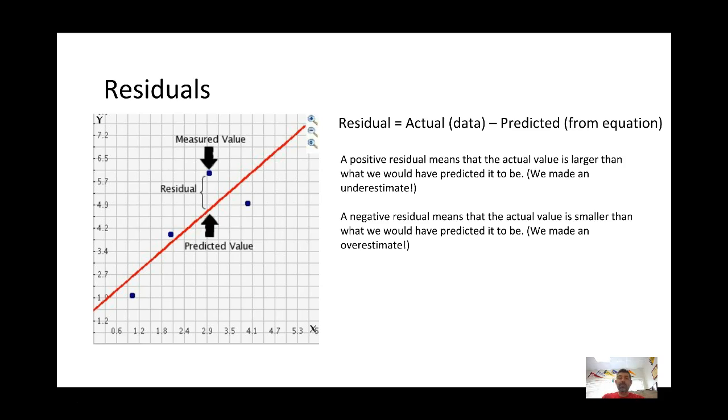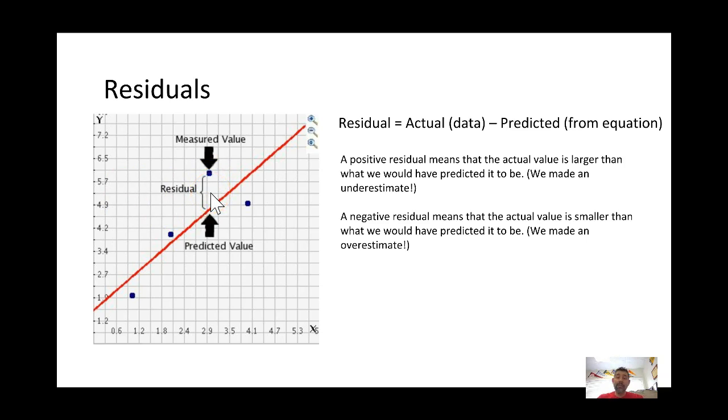Basically, remember this: the residual is the actual value from my data minus my predicted value, which is what I got from my linear regression model. I take that difference and that gives me my residual.